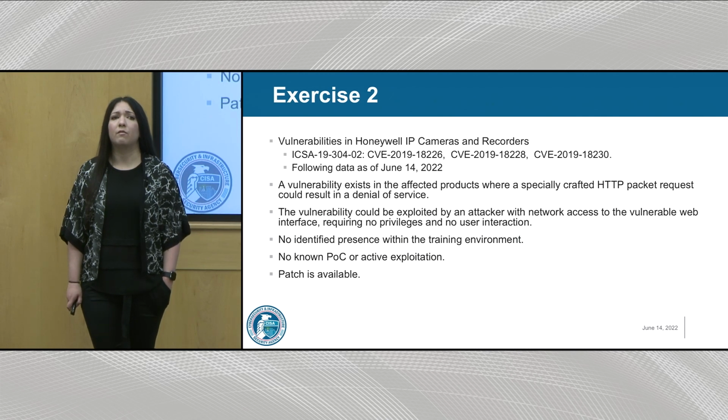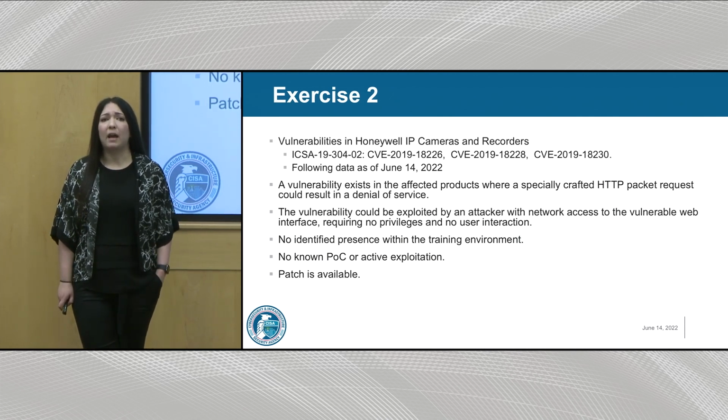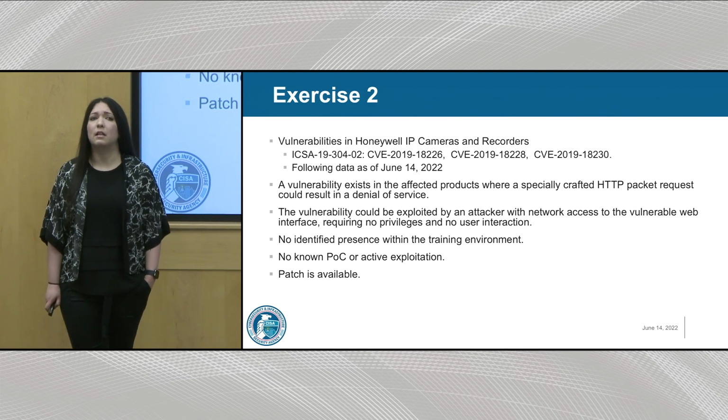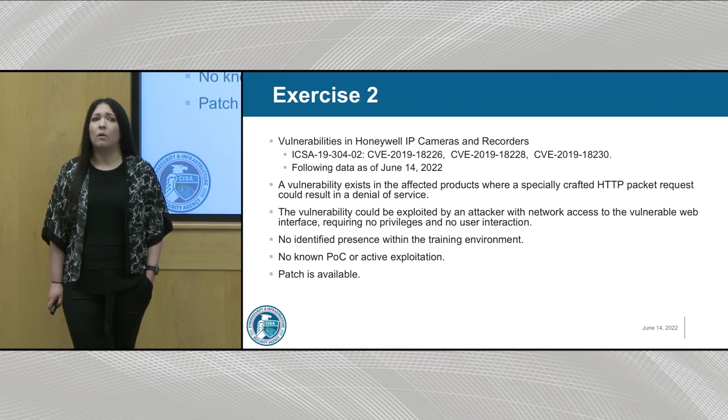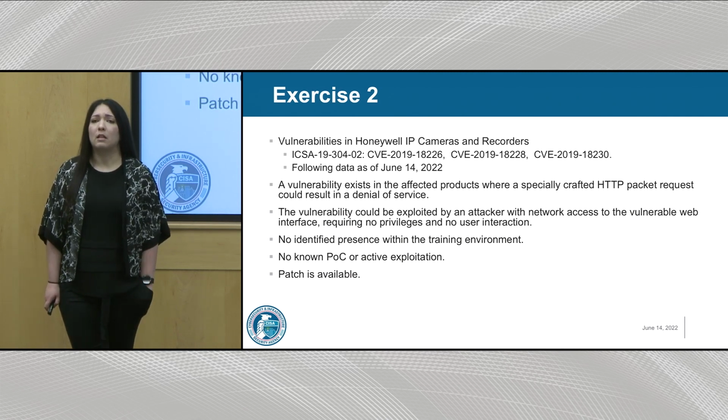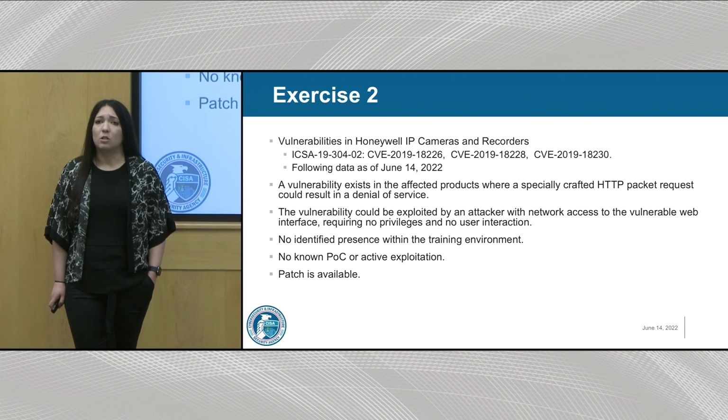Vulnerabilities exist in the affected products where a specially crafted HTTP packet request could result in a denial of service. The vulnerability could be exploited by an attacker with network access to the vulnerable web interface, requiring no privileges and no user interaction. No identified presence within the training environment, and there is no known public proof of concept or active exploitation, and a patch is available.